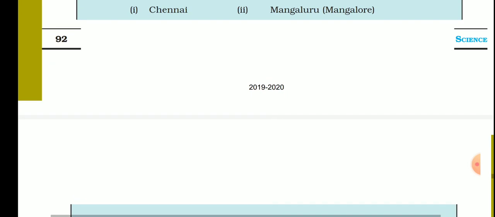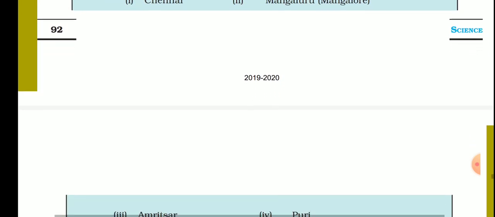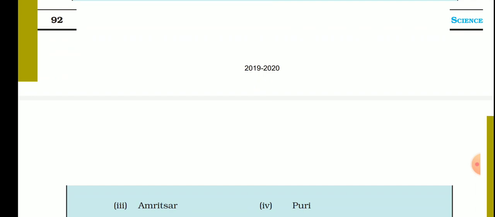So which place is unlikely to be affected by a cyclone? The answer is third, Amritsar. Okay, why? There is a reason, because out of these four cities, Amritsar is the one which is far away from the sea. Okay, and the places which are near to the sea are more vulnerable to the cyclone. So the answer is Amritsar.